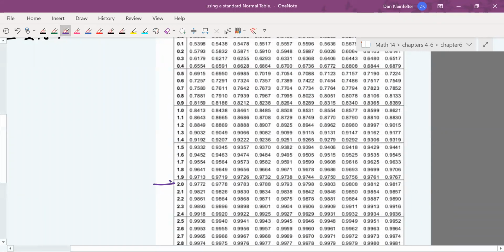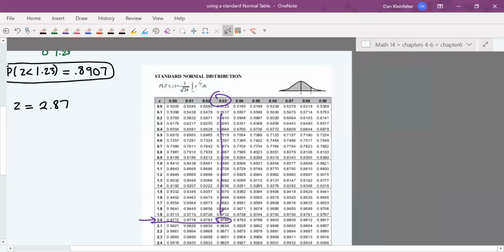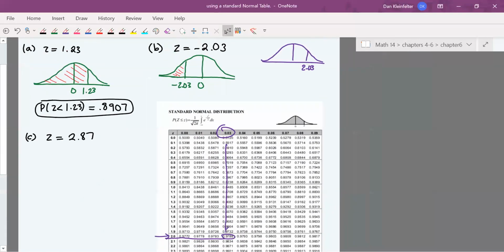2.0 is here, and then 3/100ths is this column. Where those meet, 0.9788. So the probability of z being less than 2.03 is 0.9788.